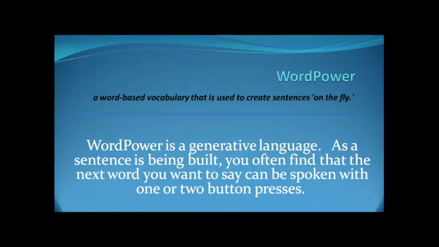When you think about Word Power, it's a language, a vocabulary file that helps people create sentences quickly on the fly. So it's very generative. As a sentence is being built, you often find that the next word you want to say just pops up for you. So that's what Word Power is all about. And that really helps our users.